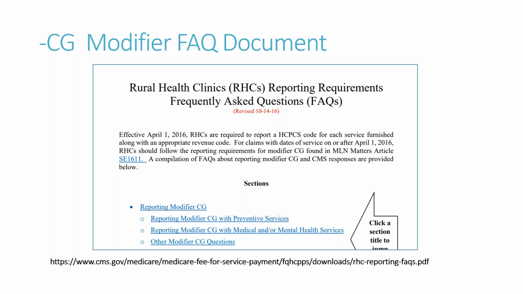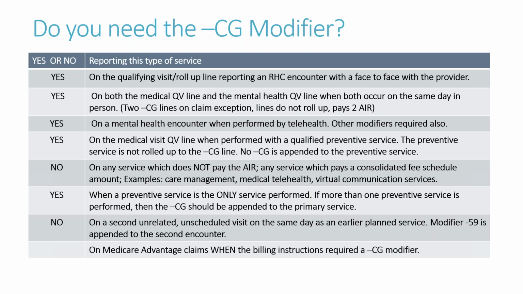They're trying to clean up older material they have out there. So if you do not have this document, I would go snag it, save it to your desktop, and put it in your RHC Billing Bible, however you keep up with all of this, because it may vanish off the CMS website and not be easy to find. It answers all the super important questions about the CG modifier.